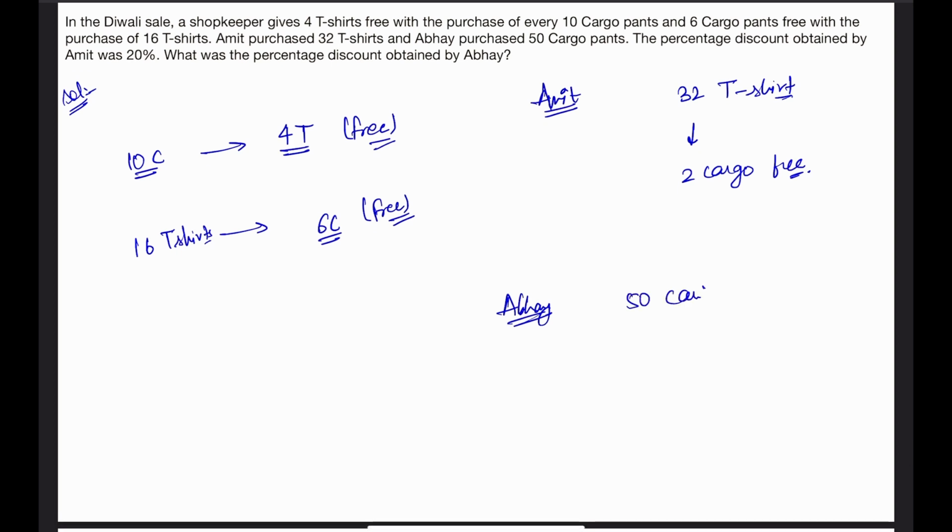So he will be getting 20 t-shirts free. So the question was, in this one it is said that the percentage discount is given as 20%, and the question is asking what is the discount percentage in this one.